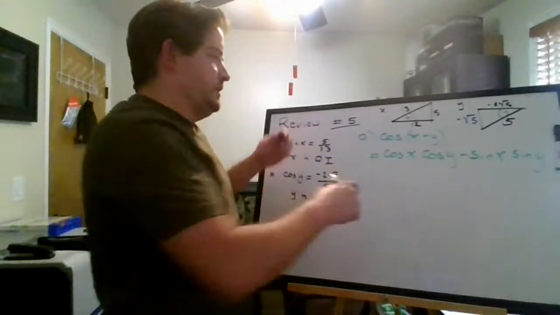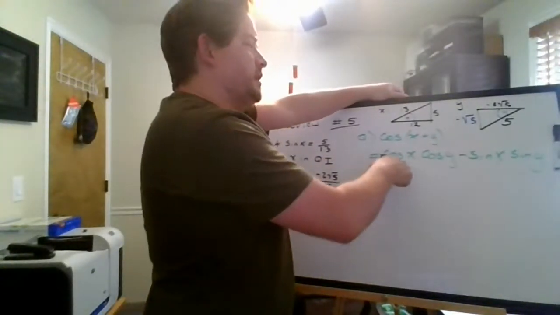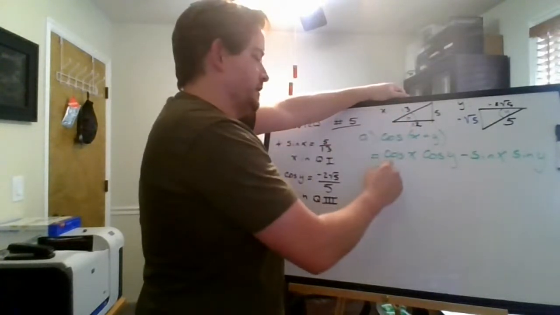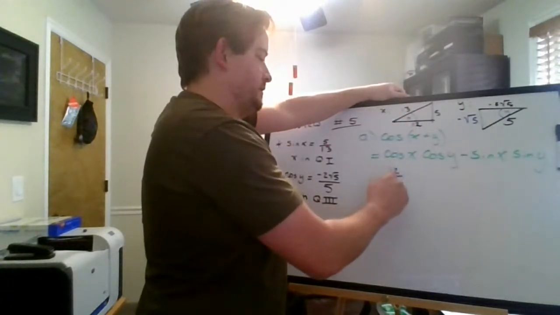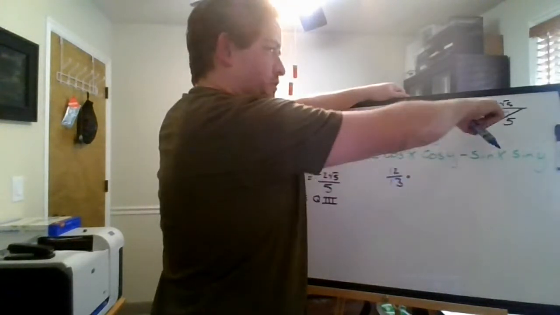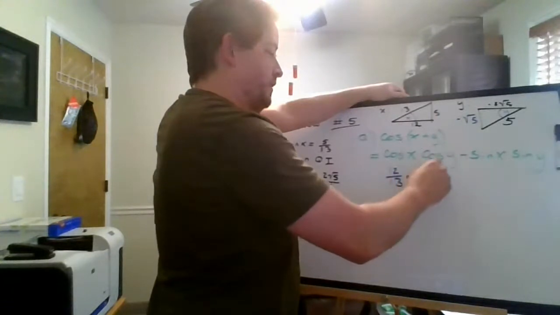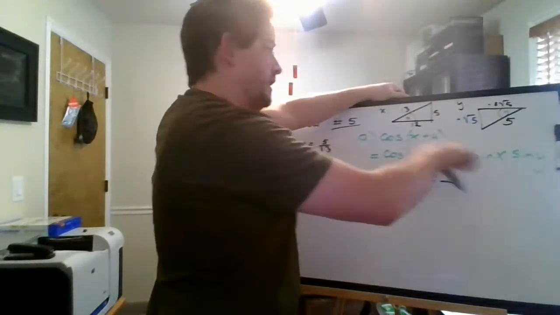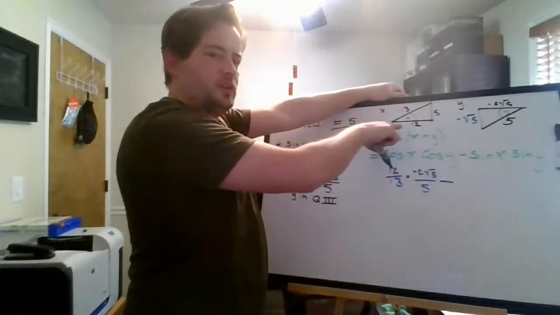So I'll stick with this, but I've got cosine of x. The cosine of x comes from this triangle. The cosine is 12 over 13, multiplied by the cosine of y. The cosine of y is negative 2 root 5 over 5, minus the sine of x. The sine of x comes from my first triangle.